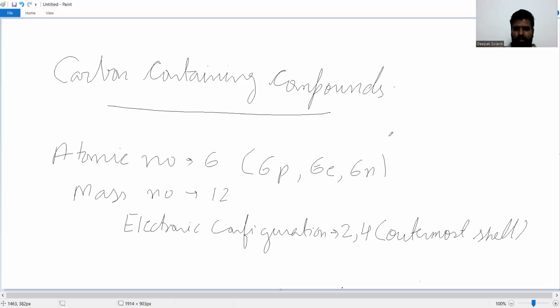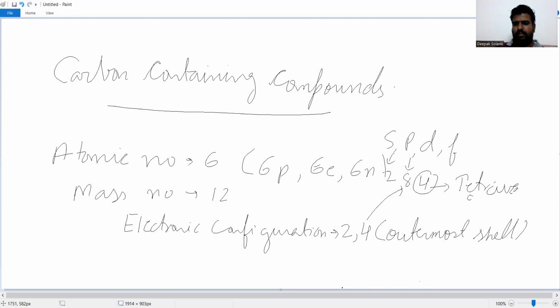Let me take the example of S, P, D, and F. In the first shell 2 electrons come here, and in this 8 electrons can come, the rest of 4 can come here, so the outermost shell contains 4 electrons. Okay, so this carbon is tetravalent.